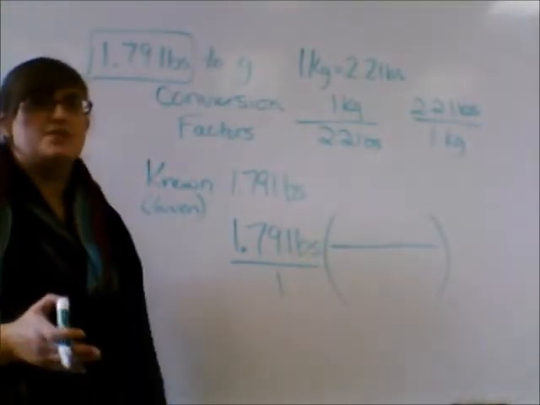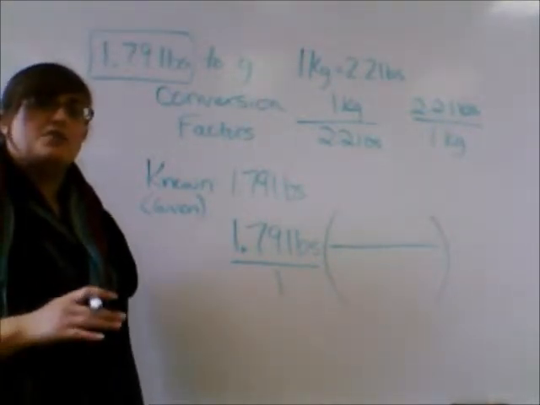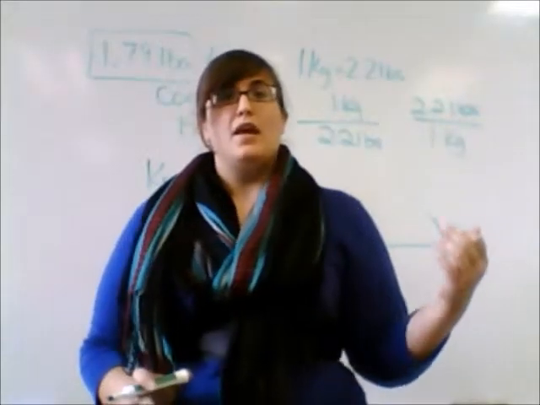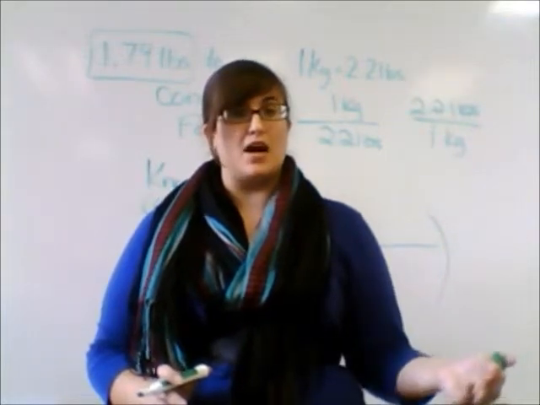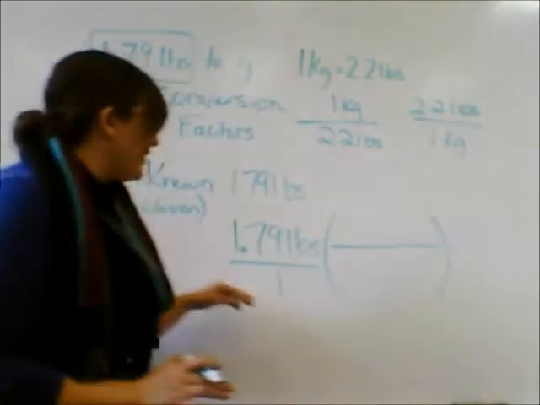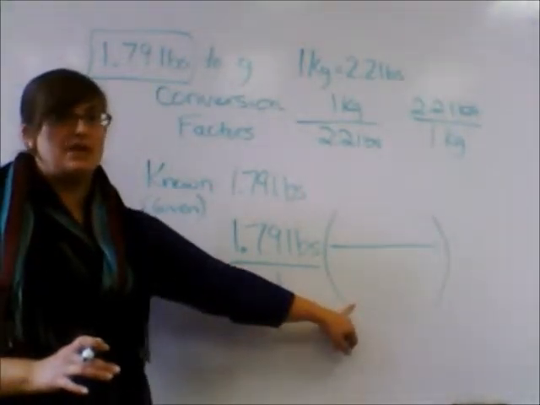So in this first parentheses, what we want to do is put in our first conversion factor. Now remember, when something's on the top, it is canceled out by what we put on the bottom. So as of right now, our pounds are on the top, so we want pounds to be on the bottom here.